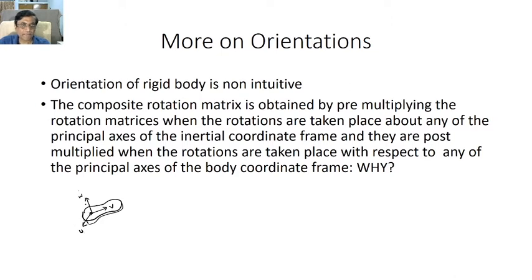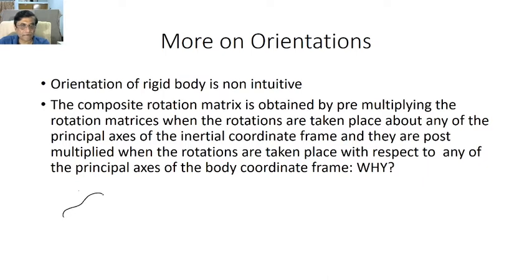Initially, say we also have the inertial coordinate frame X, Y, and Z, perfectly aligned with the body coordinate frame. Actually they are the same, so we should not confuse you. Okay, we'll redraw it.